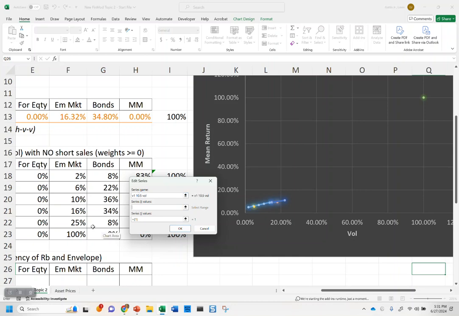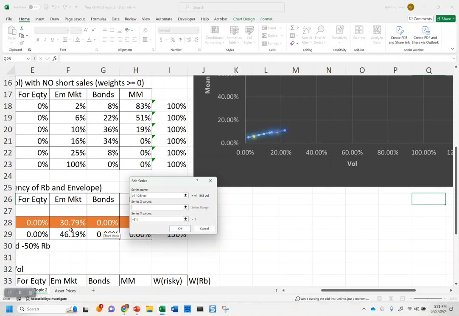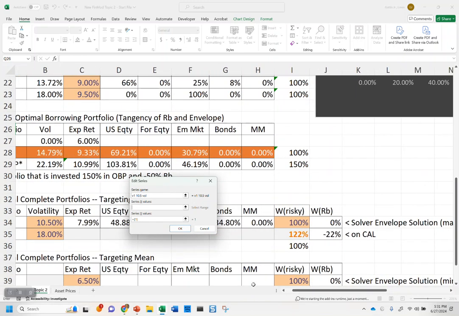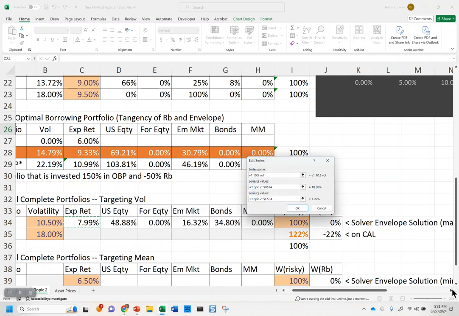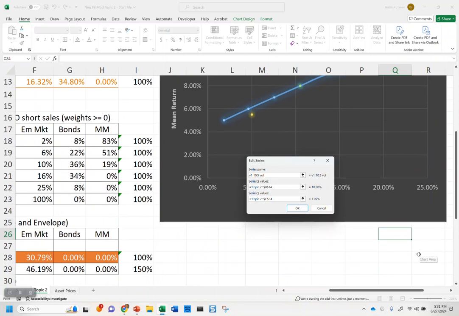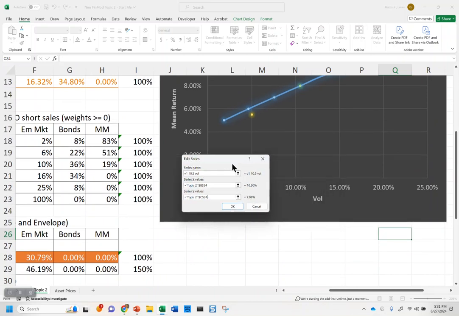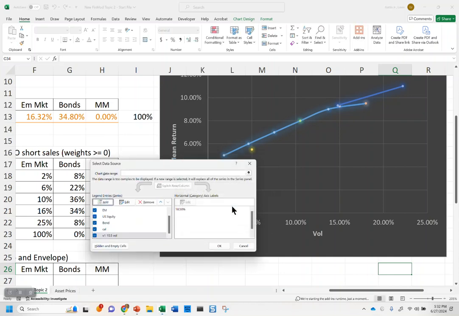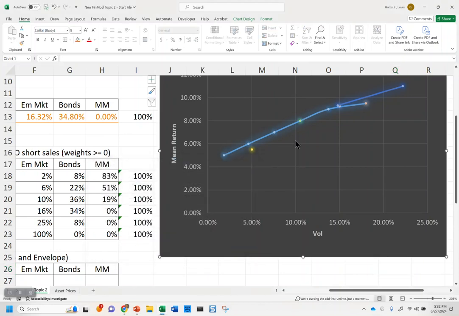And our X value, the volatility, is that 10.5. Our Y value, the mean, is 7.99. And hopefully it shows up on our graph right at 10.5. So somewhere around here, and hit OK. OK. And there it is.